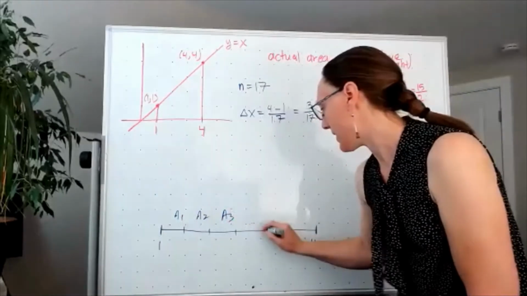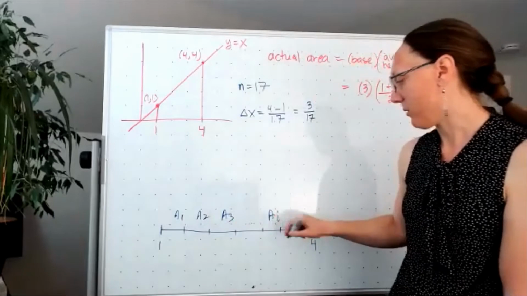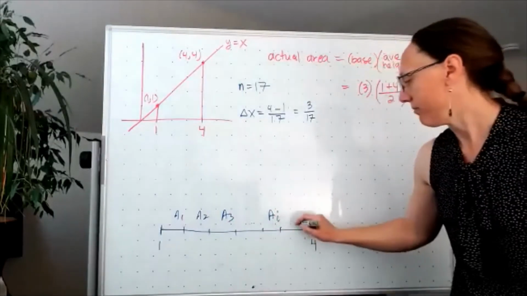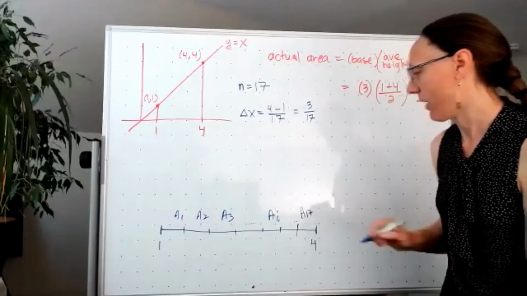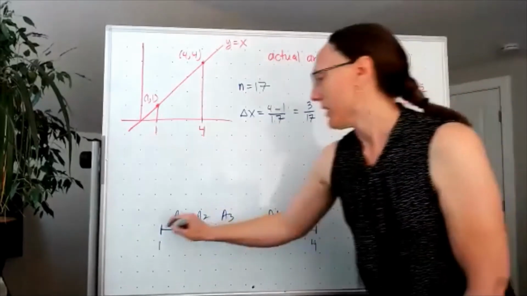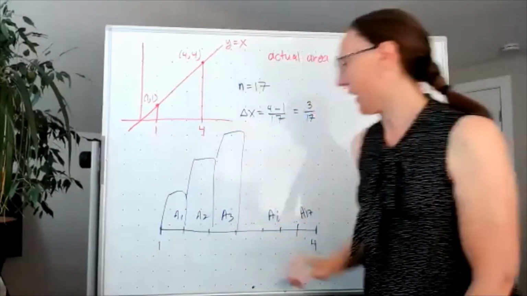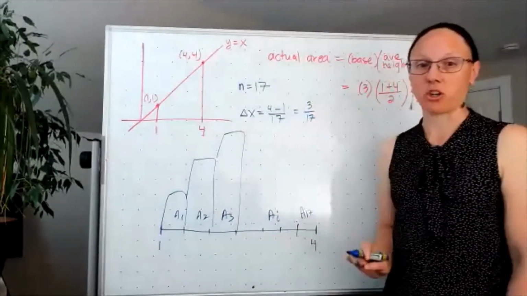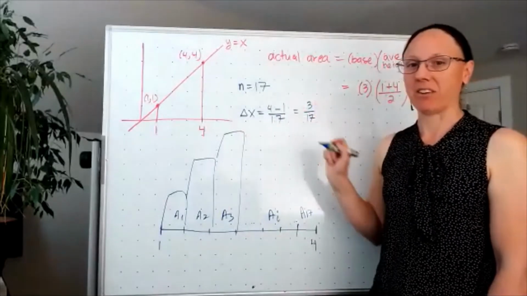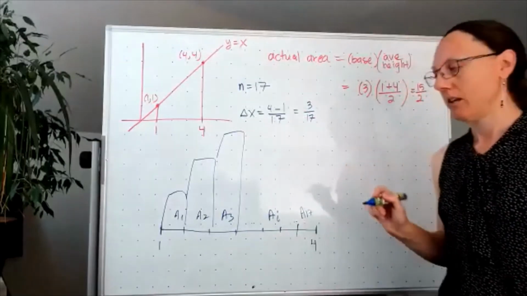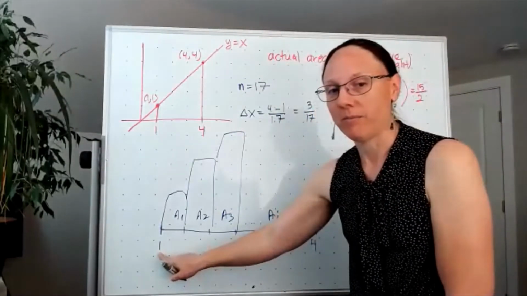I'm going to be really lazy. I'm going to call this my ith rectangle. And then my last one, my 17th rectangle. So these would look like, you know, some kind of rectangle-y thing. It's my fake picture. Well, if the width of each of these things is 3/17, then here I was at an x value of 1.